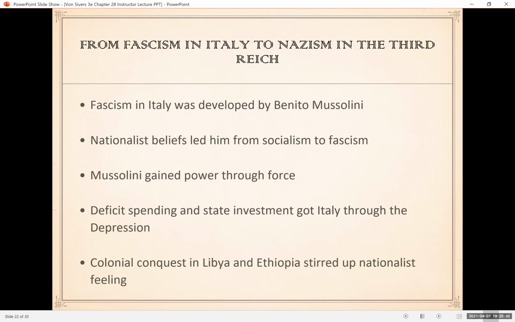His ideas of fascism were to end labor movements. All workers are now in a single labor movement that is sponsored by the state. All businesses need to join in with this fascist state.